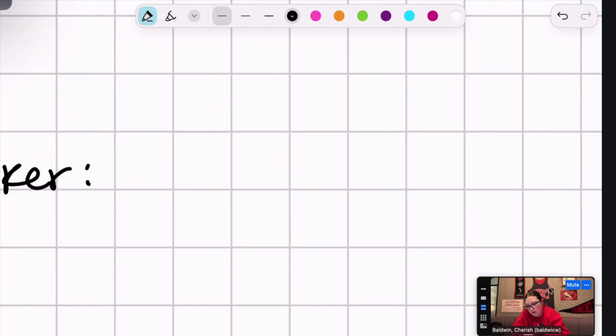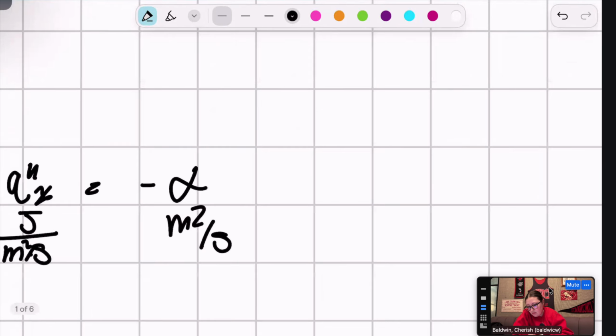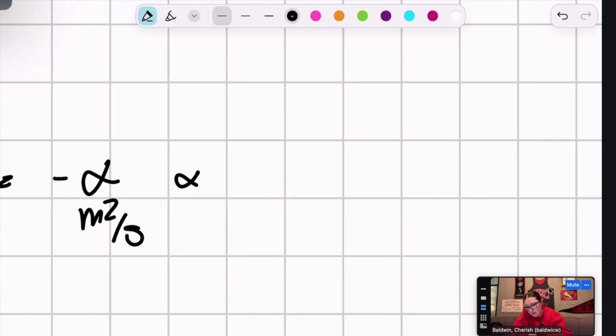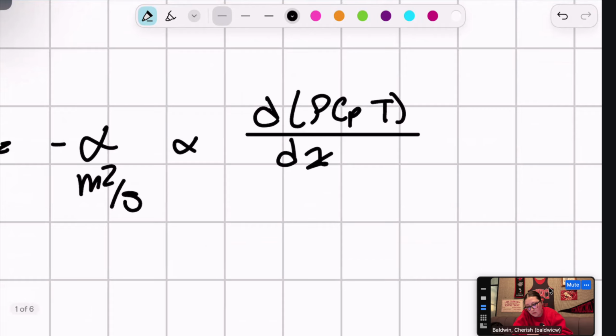That equation is heat flux, which is in joules per meter squared per second, which is equal to negative thermal diffusivity, which is meters squared per second, times the gradient of internal energy per volume, which is Cp times dT, whose units are joules per meter cubed.